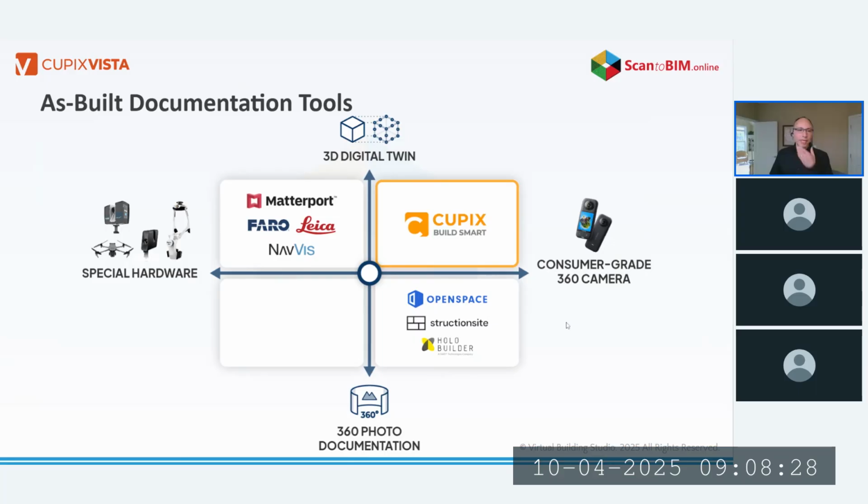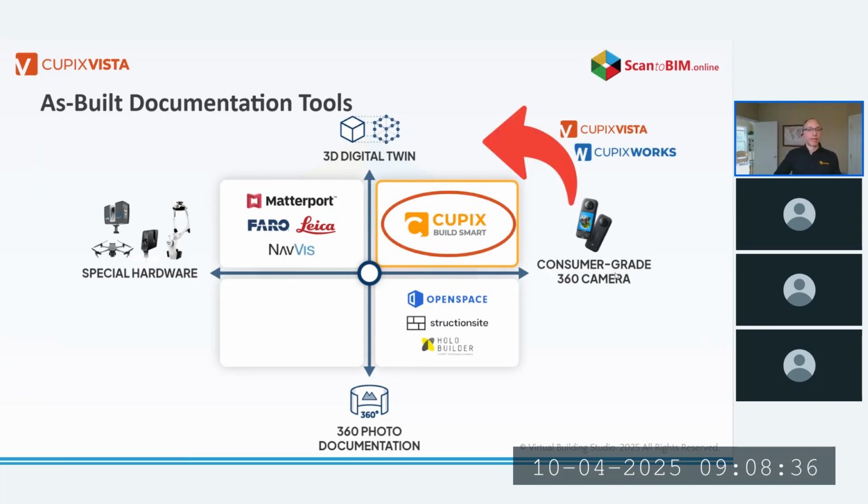But what's unique about a solution from a 360 grade camera that you might not be aware of is that Cupix can create 3D digital twins from these cameras. These cameras cost between $300 and $800. In fact, the best camera that's out there today that we promote is only $500.